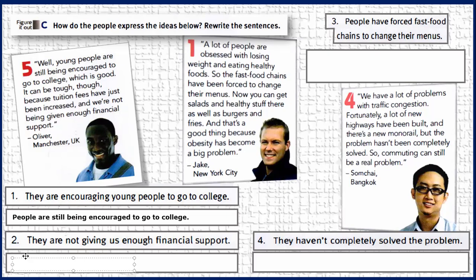What do you say, people? We're gonna look the same way Oliver said this statement. Okay? They are not giving us enough financial support. Now, let's look for the way Oliver said it. Let's look how he says it. He starts with we're. What else?